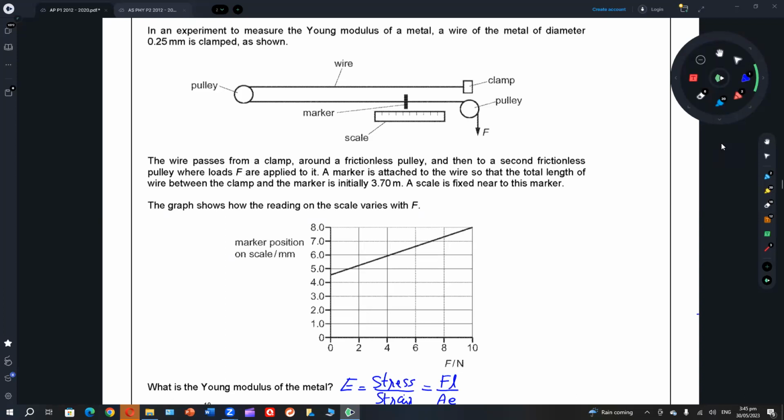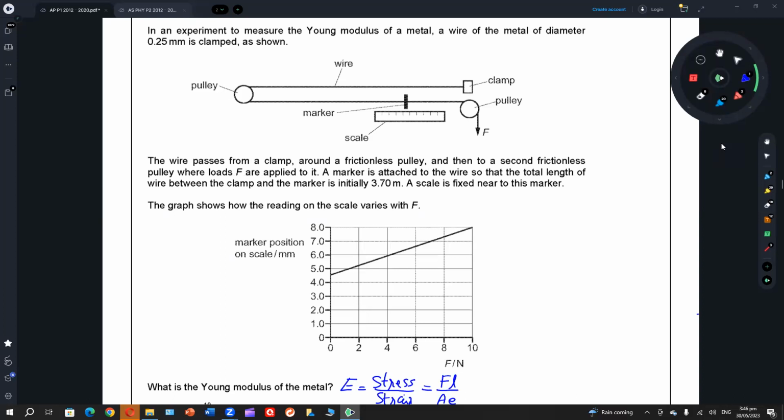Okay, so we'll take the area as pi times 0.25 squared over 4 and the length as 3.7. And we can choose any extension from this because it's a straight line. I think the y-axis is not extension. We need to subtract it because otherwise the initial length is 3.7.